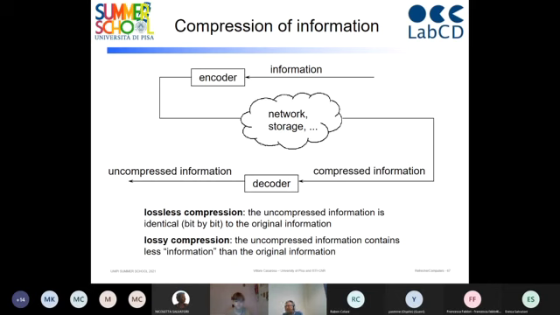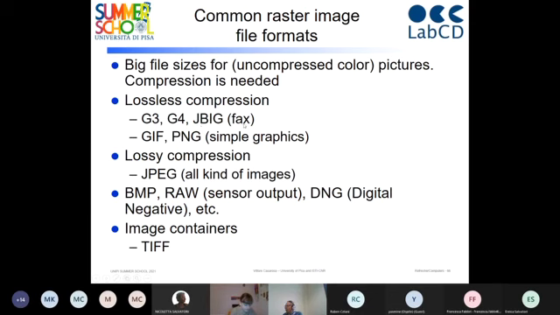So going back here, the main formats for lossless compression are called G3 and G4, which are used in fax, because with fax clearly you don't want to fax a page and then get something different at the arrival. So you want to make sure that in fax there is lossless compression.